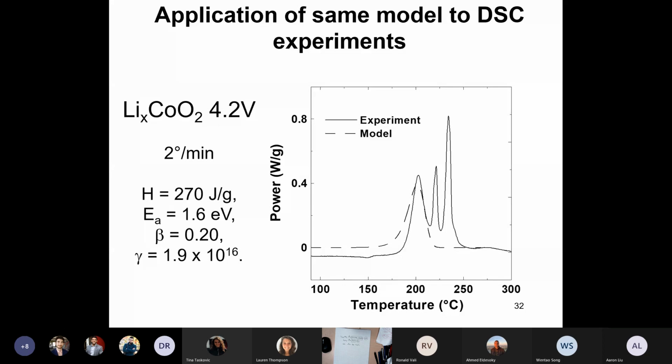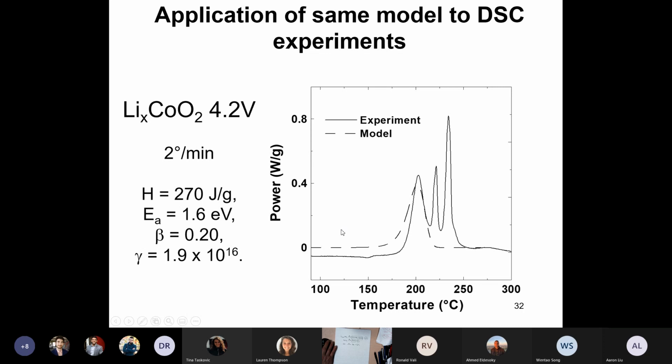Okay, so anyway, the point is we basically have reasonable kinetics that can describe the first step of the reaction of the positive electrode material with the electrolyte. And this was a lot of work to do.